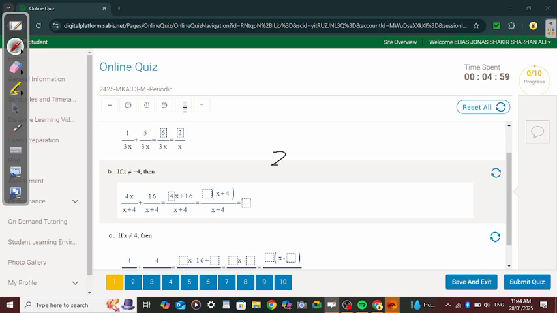4x could be split into 2 multiplied by 2 multiplied by x. 16 could be split into 2 multiplied by 2 multiplied by 2 multiplied by 2. And now we solve for it. Cancel out these 2's. And the greatest common factor is going to be 2 multiplied by 2, which is going to be 4.